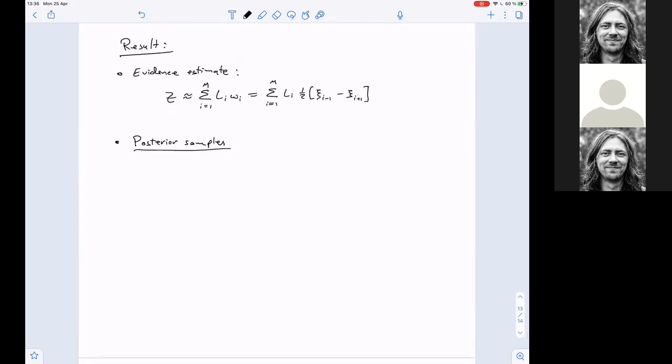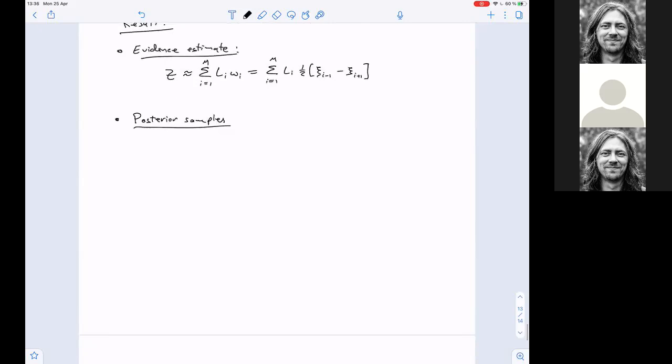Because now you can say that each discarded parameter point, the theta point that you discarded at iteration I, you now have the likelihood value for that, and you have the amount of prior probability mass that is associated with that one sample.